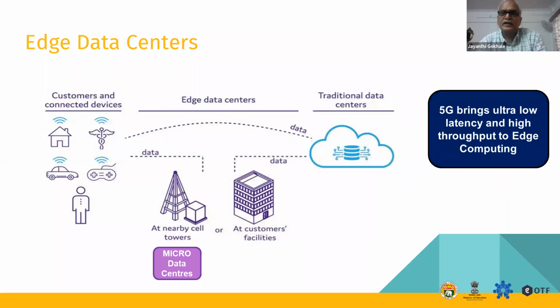So what is typically required? You need to set up what are called data centers at the edge, so these are called edge data centers. What goes into an edge data center? First and foremost, you will have a bunch of connected devices. These are the so-called endpoints, and these endpoints could be fixed endpoints, or they could be mobile endpoints. All of these have to be connected primarily to the backend data center.